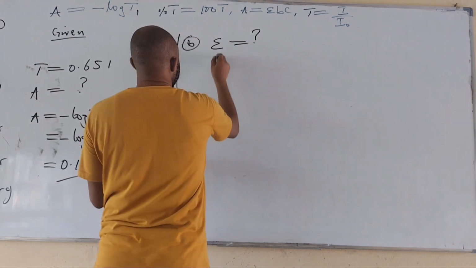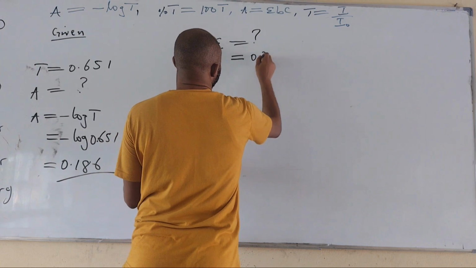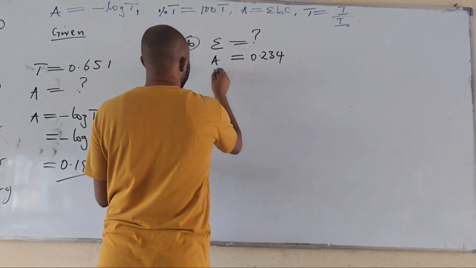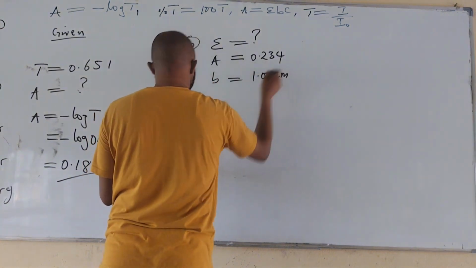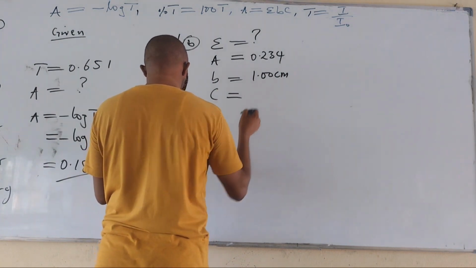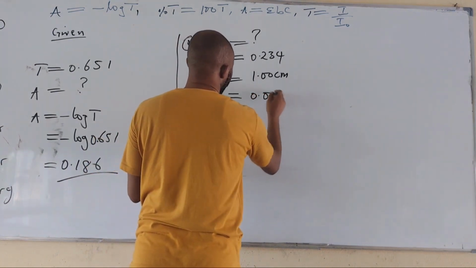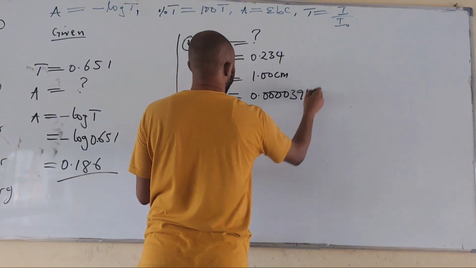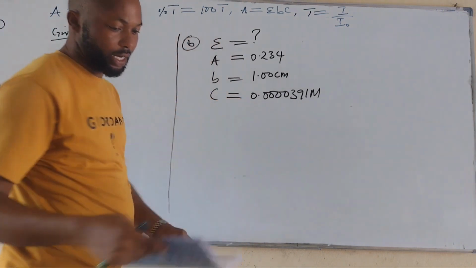If A is 0.234, B is 1.00, and C is 0.0000391 M, we should calculate our epsilon.